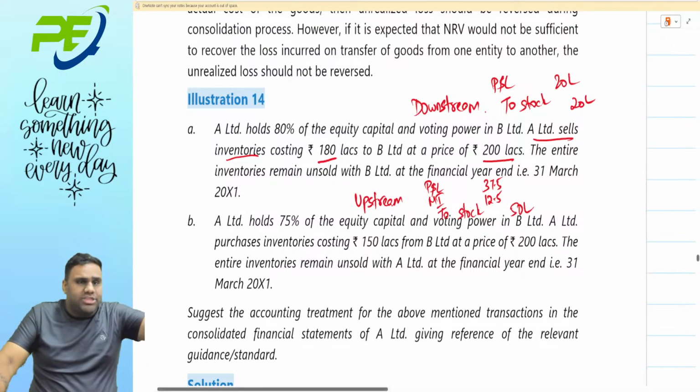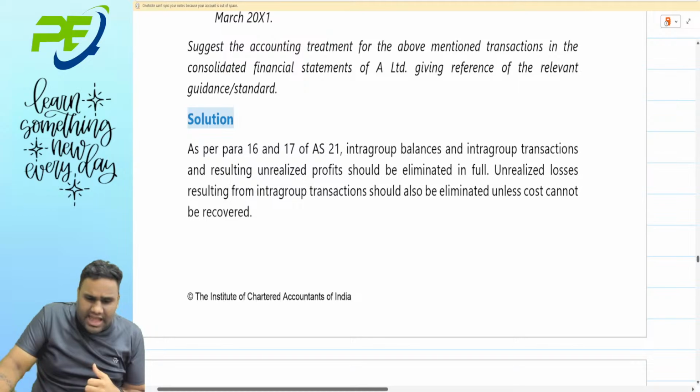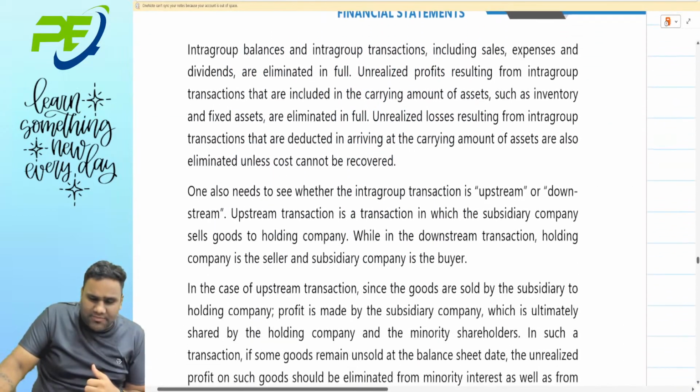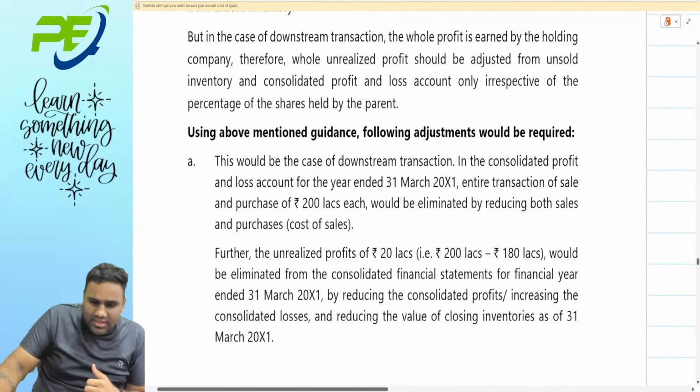But you see how they have given the answer. First, I'll show this later. As per the paragraph, unrealized losses should be eliminated. Then there is some text, and the final conclusion: unrealized profit would be eliminated for the financial statements by reducing the consolidated profit and reducing the closing inventory.